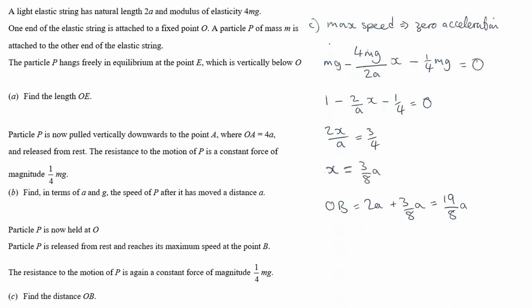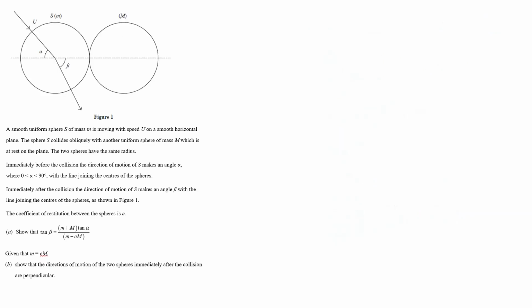So I used that to work out x, then added it onto the natural length, and I got 19a over 8. Okay, this question. So I've done a diagram. You're given u, but you have to have the other velocities. So it was obvious I was going to label them v and w. If there was something else, I would have called that x.